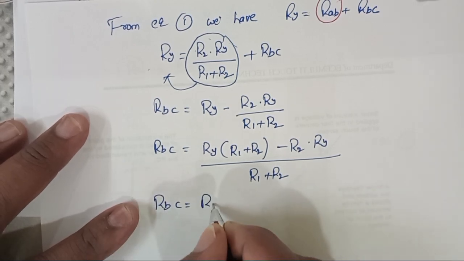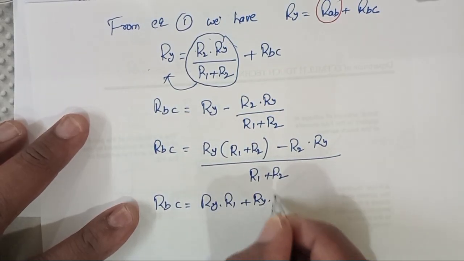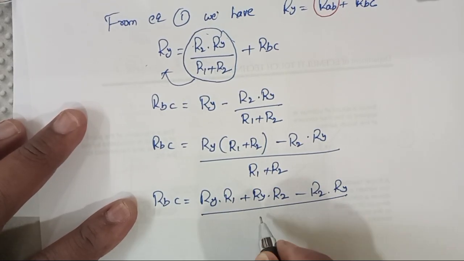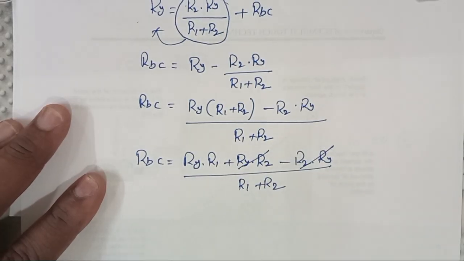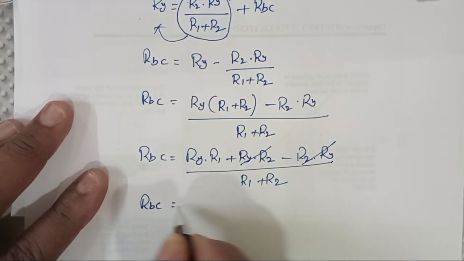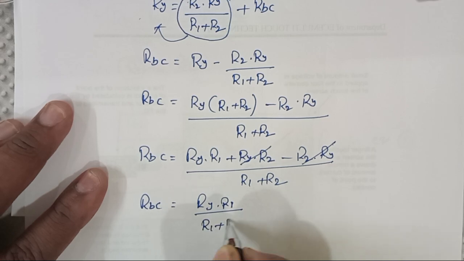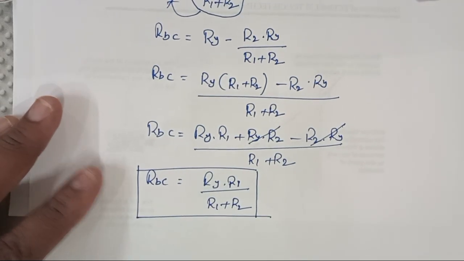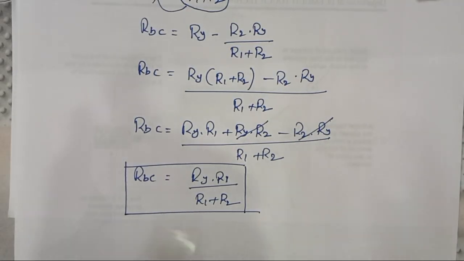RBC is equal to Ry into R1 plus Ry into R2 minus R2 into Ry whole divided by R1 plus R2. Here this R2 Ry, R2 Ry get cancelled. Then we're getting RBC equal to Ry into R1 by R1 plus R2. It is RBC.